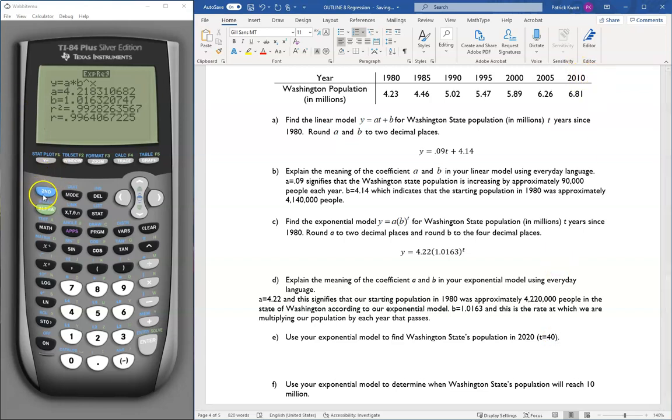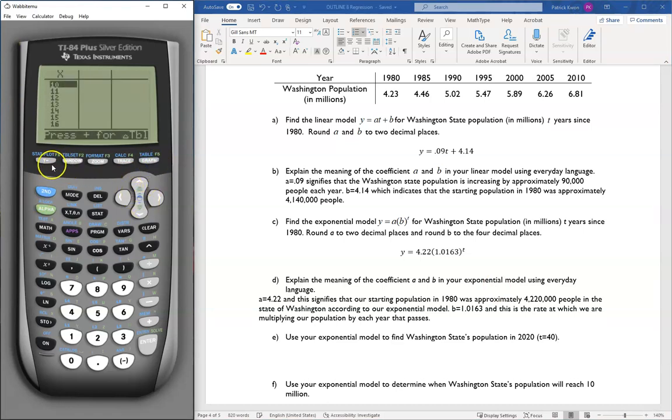So if we go to our table here, first we need to input our exponential function. So I'm going to go to y equals and then press vars and go down to statistics and press enter. And then we want to go over to EQ and press enter. So that is the exponential function that we were dealing with.